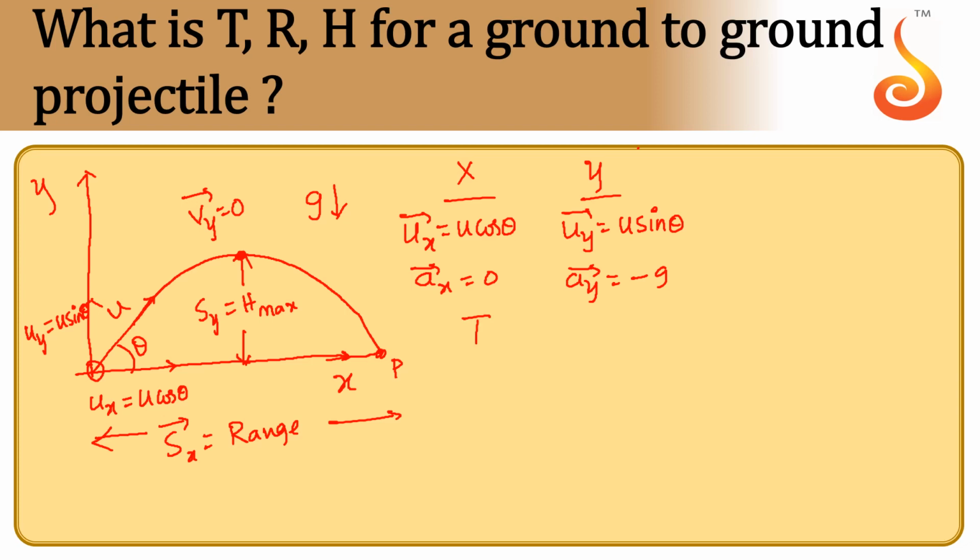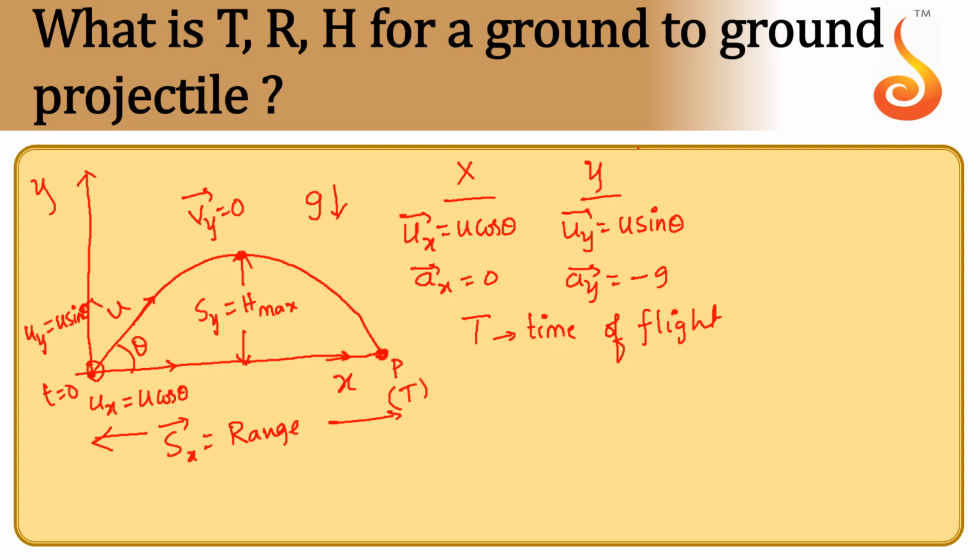Let the time t be the time of flight. Since when the projectile is projected from point O, the origin, time starts, and when it reaches point P, let the time be t, that is the time of flight.